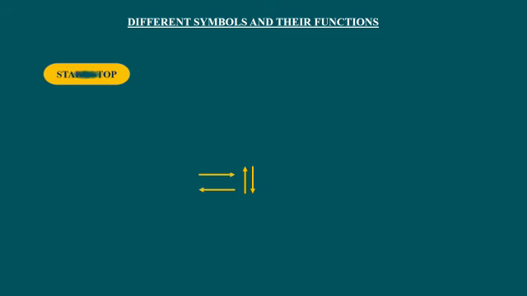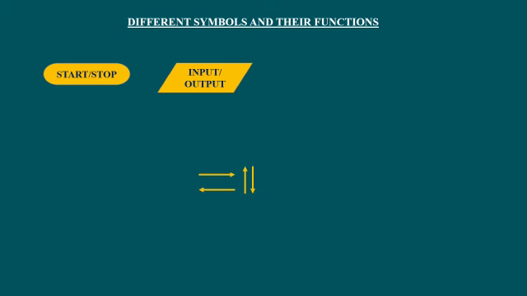Start or stop box. This box is used in the beginning and ending of the flowchart. When we represent a flowchart, children, this box will be represented in the beginning and the ending of the flowchart. Input or output box.